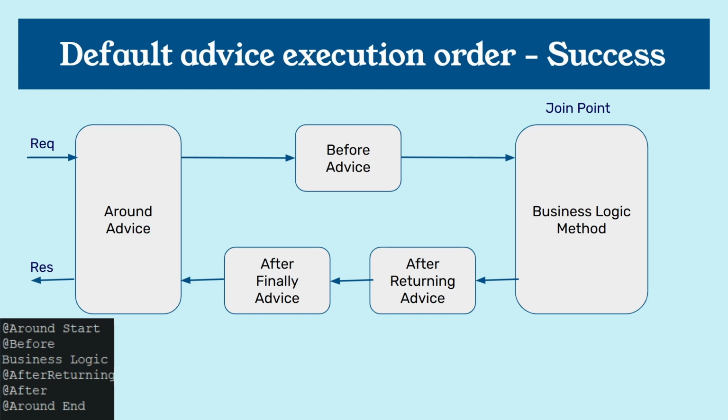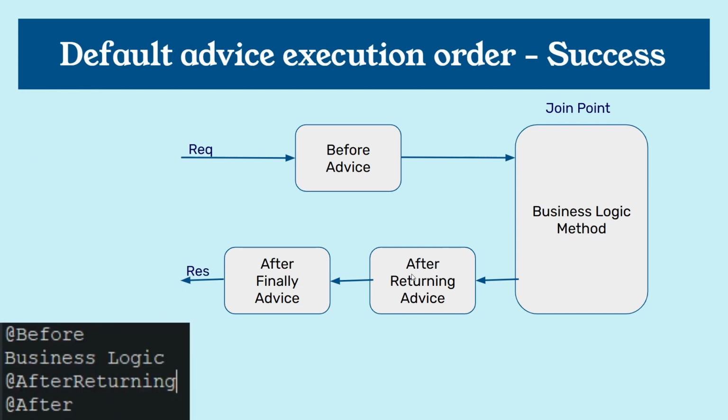With this order of execution, we can say, let's suppose on this business logic method, we did not have the around advice join point. We had only before, after finally advice, or after returning advice. In that case, what happens? This is how the order of execution takes place.